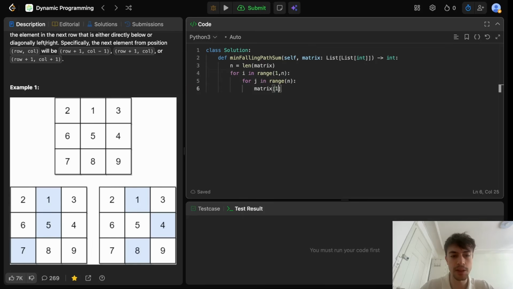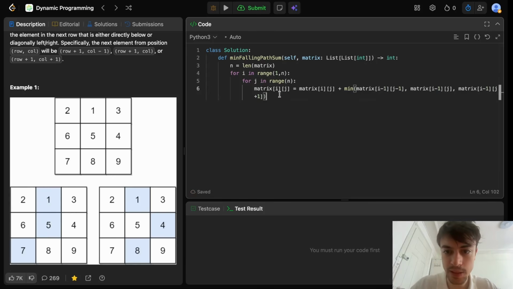And then for j in range n. So matrix[i][j] is equal to matrix[i][j] plus the minimum between matrix[i-1] at column j minus 1, or j, or j plus 1. Yes, this thing here.